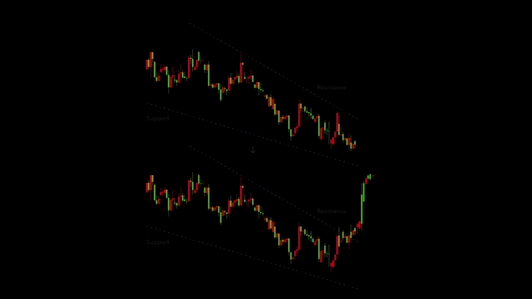This right here, it's going down. You see clearly that it's going downward. But you have the resistance on the top and the support on the bottom, just like with the rising wedge. And with this one, the price action actually broke above the resistance line. So this signifies the bearish trend reversing into a bullish trend.